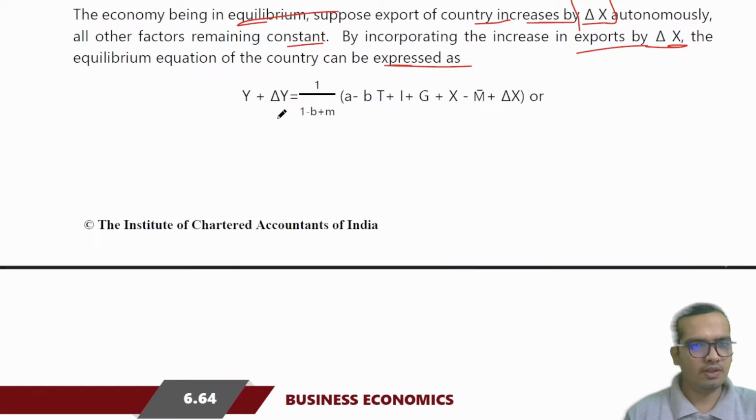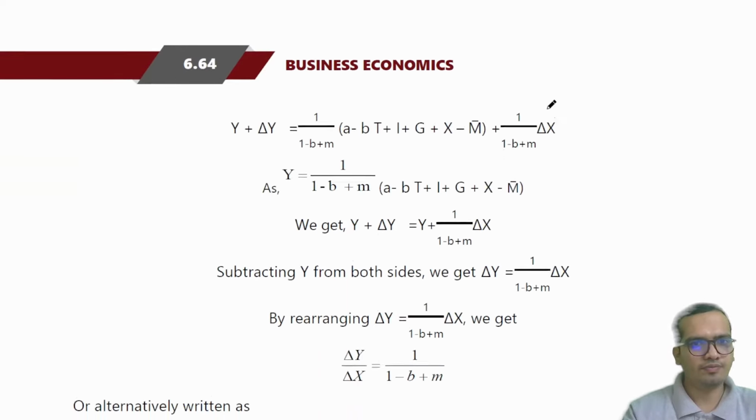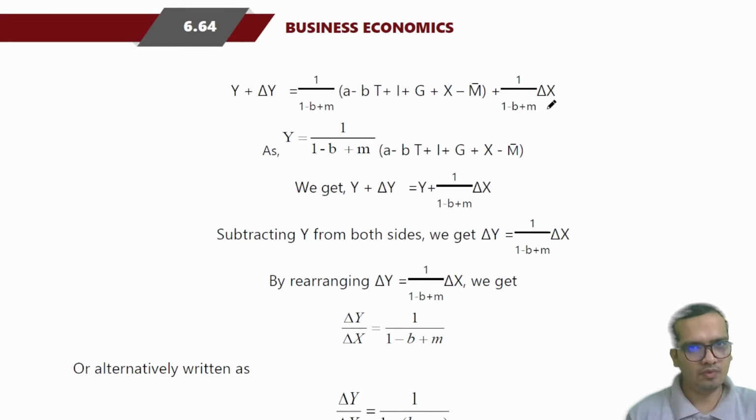Here Y plus delta Y equals 1 divided by (1 minus b plus m), and the whole is multiplied by a minus b into T plus I plus G plus X minus M bar, mark this, plus delta X. We have more derivations there.